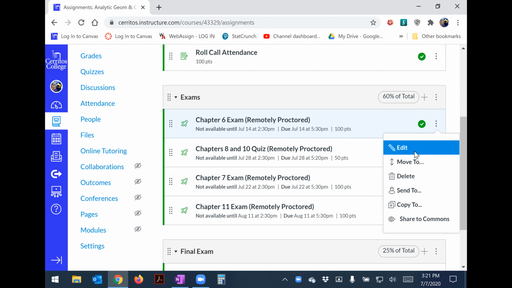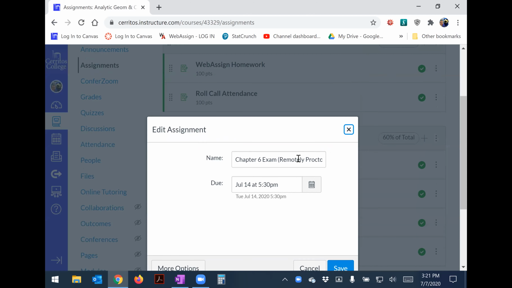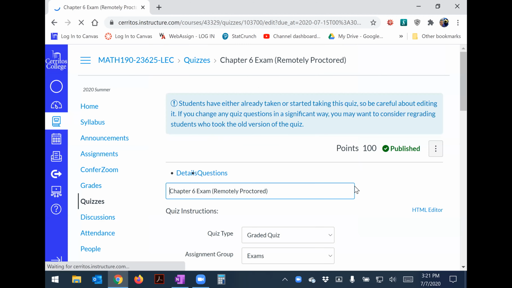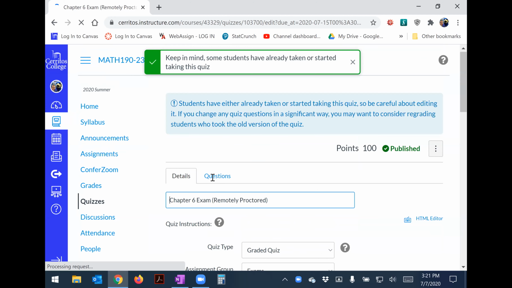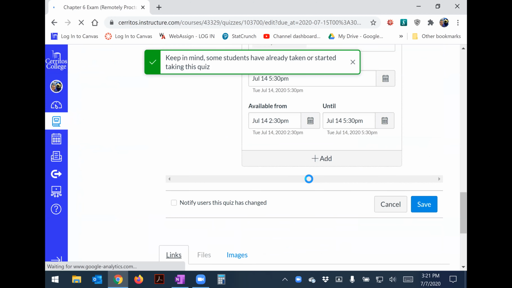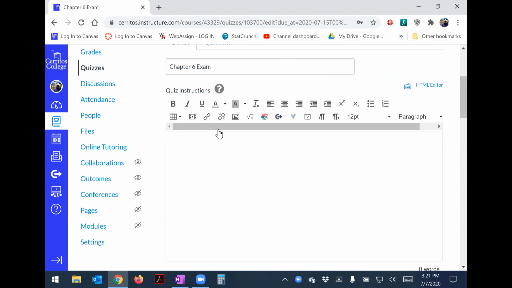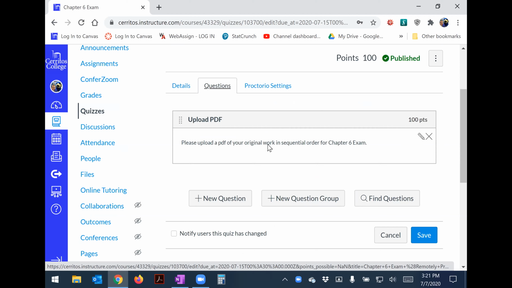So if I go into edit here, more options. And it says, the questions, right? It's remotely proctored by Proctorio, and the question says right here: please upload a PDF of your original work in sequential order for Chapter 6 exam.